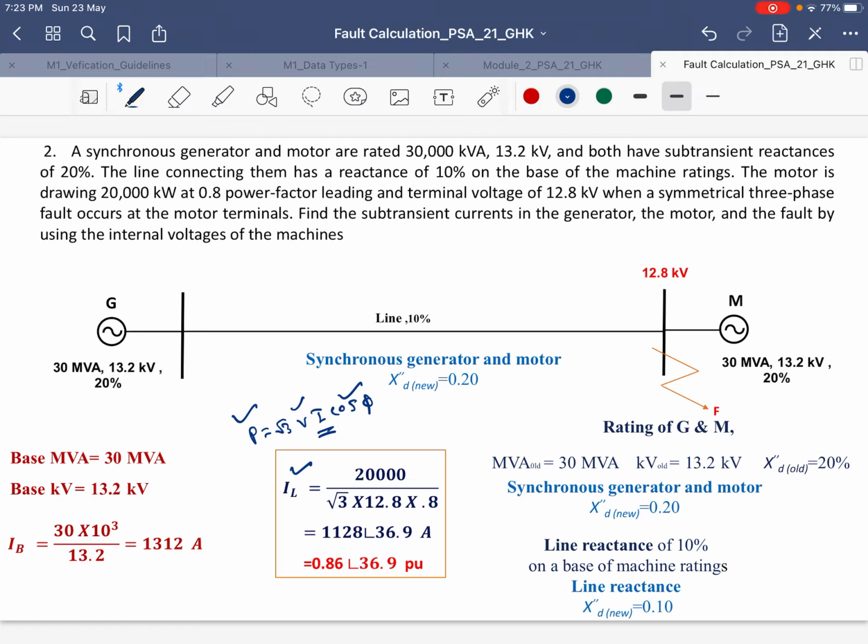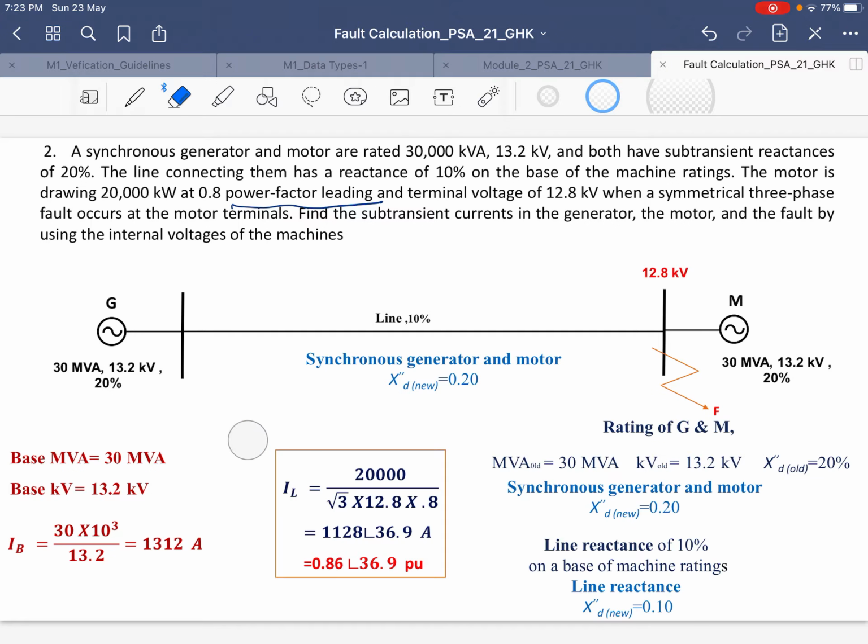IL is 20,000 divided by root 3 into 12.8 into 0.8. The kilo cancels in the numerator and denominator. Therefore, the total load current I am getting is 1128 at an angle of 36.9. Here I am using the angle 36.9 with a positive sign because it is a leading power factor. That is why it is 36.9.